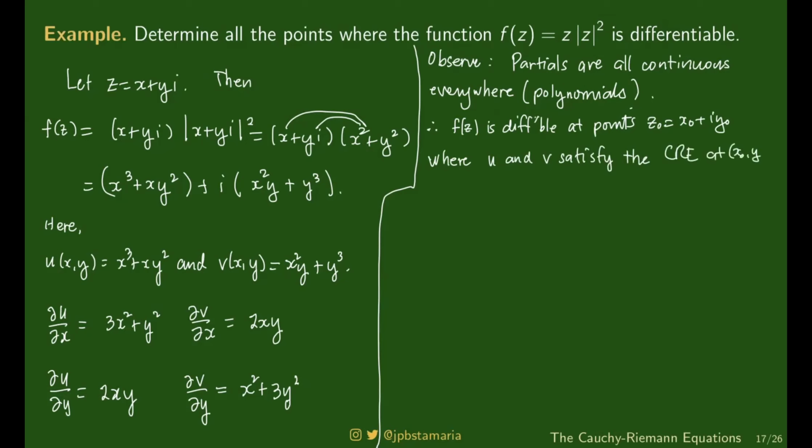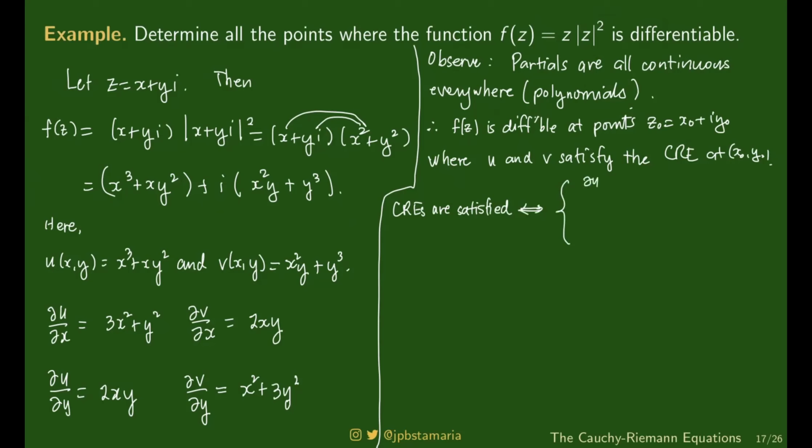Kung saan man masasatisfy yung Cauchy-Riemann equations ay ano, differentiable na yung function doon. Kaya tingnan natin, kailan masasatisfy yung Cauchy-Riemann equations? Tingnan natin ha. CRE are satisfied if and only if. Kailan masasatisfy? Ano yung Cauchy-Riemann natin?